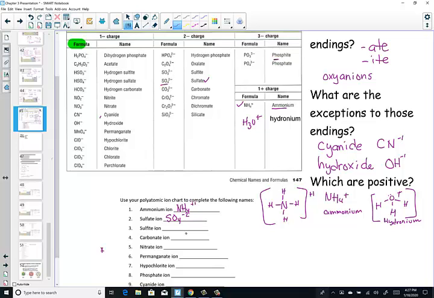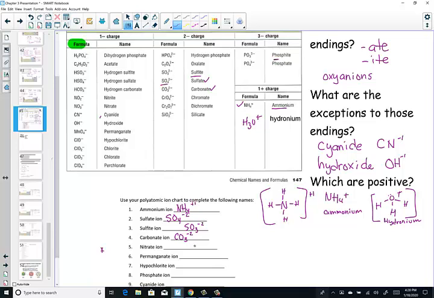Sulfate. 1 less oxygen and we find sulfite. That sulfur is chemically bonded to just 3 oxygens, still carrying a -2 charge. Right there is carbonate. That's carbon chemically bonded to 3 oxygens, carrying a net -2 charge.